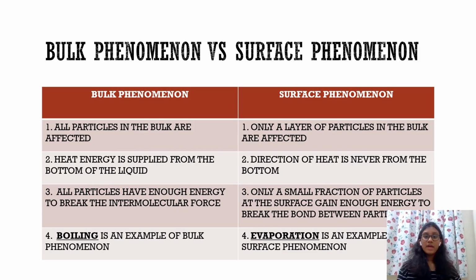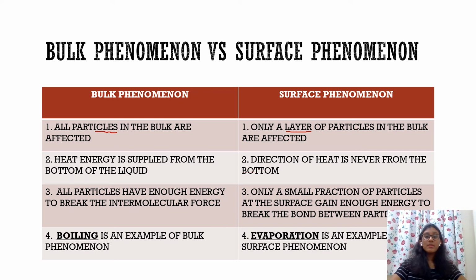Now let us look at what surface phenomenon and bulk phenomenon are through a table of comparison. In a bulk phenomenon, all the particles in the bulk are affected, whereas in a surface phenomenon, only a particular layer of particles in the entire bulk is affected. In a bulk phenomenon, the heat energy is always supplied from the bottom of the liquid, whereas in a surface phenomenon, the direction of heat is never from the bottom.